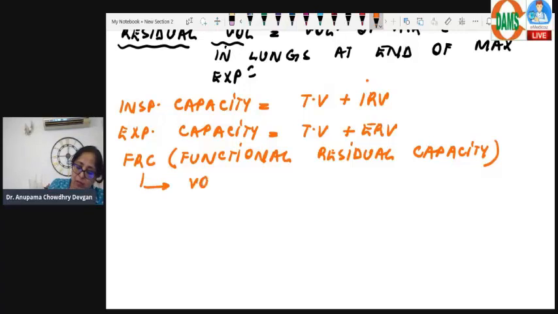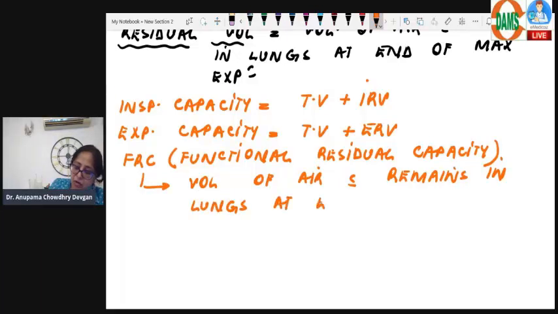This is the volume of air which remains in the lungs at the end of a normal or tidal expiration.